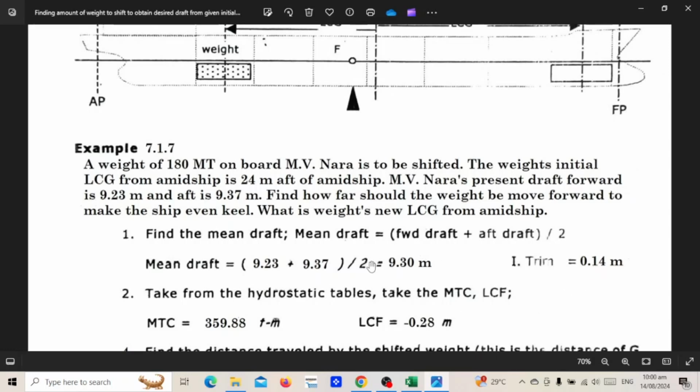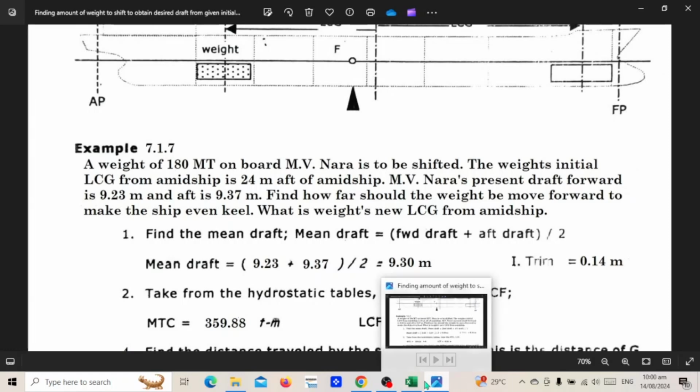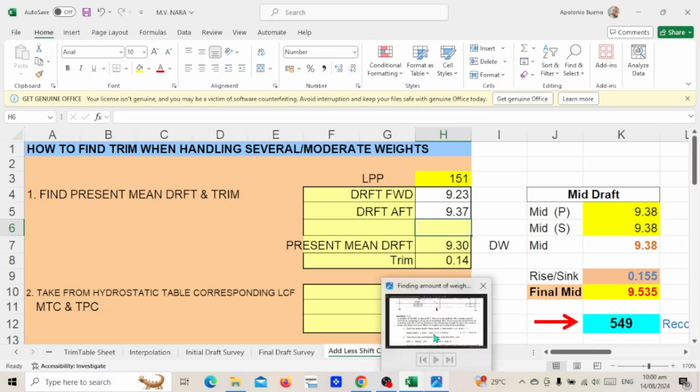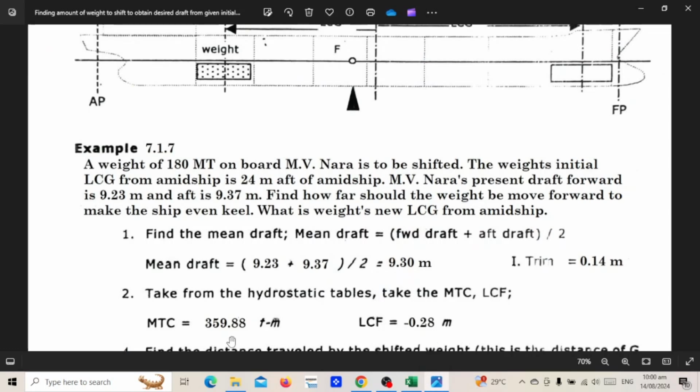Okay, so from the mean drop we'll find out the MTC and the LCF. So let's check, guys. So this is our mean drop. This will be your MTC, 359.88. Okay, MTC is 359.88, correct.